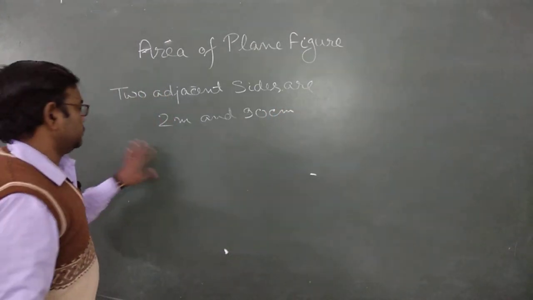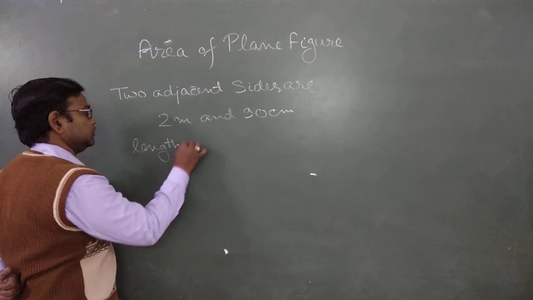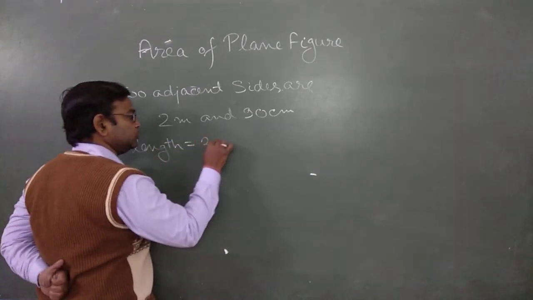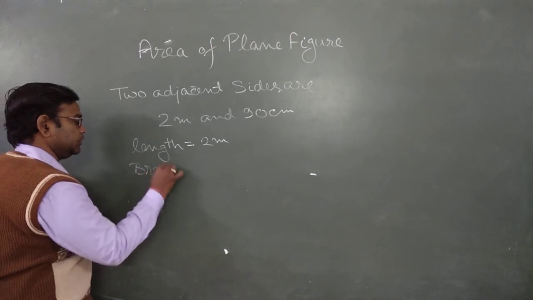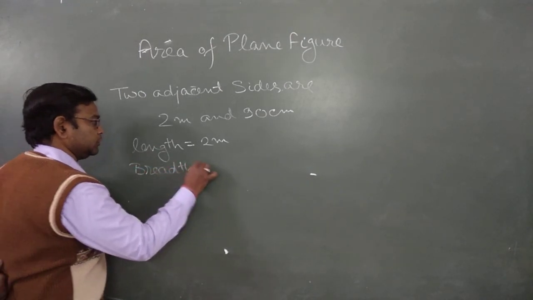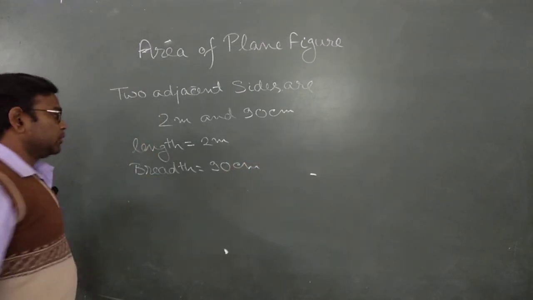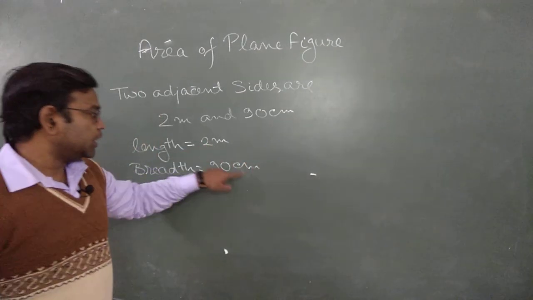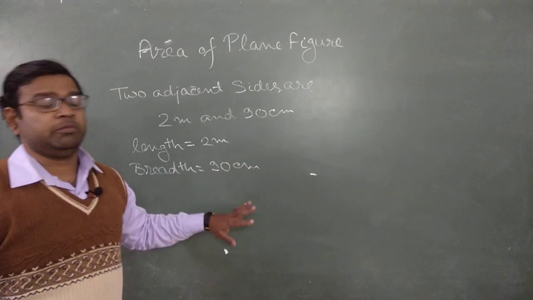Length of rectangle equals 2 meter and breadth equals 90 centimeter. Now see, the units are different, so you have to convert them into the same unit.